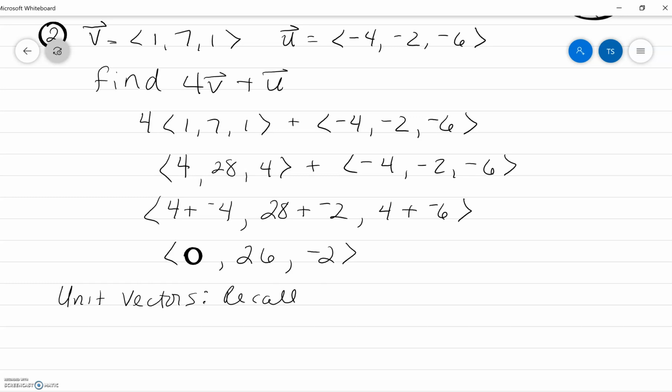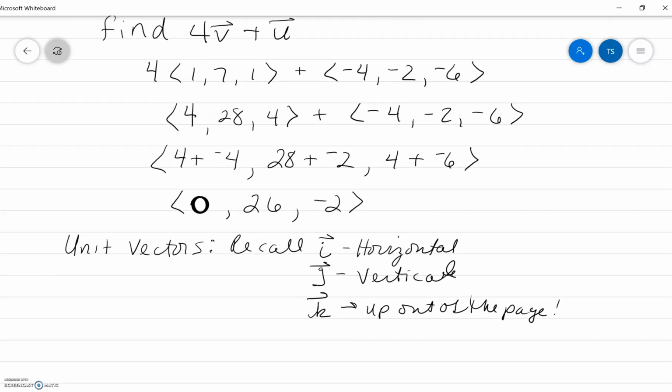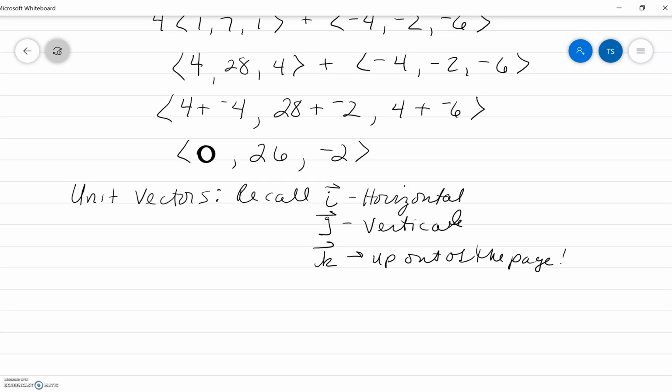Recall that vector I is the horizontal, vector J is the vertical, and then our third dimension is going to be vector K. That's coming up out of the page. Your third dimension, that's your unit vector. So we've got I, J, and K.